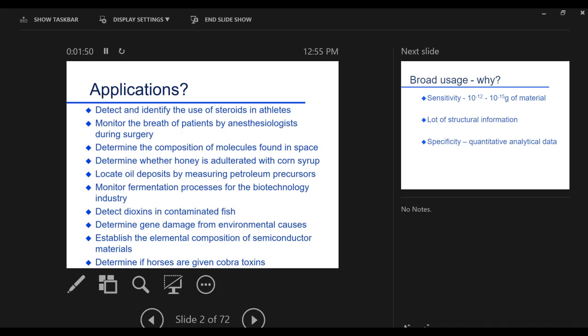Applications, it's kind of like gas chromatography. Many uses, just like LC. All three techniques, exceedingly broad number of applications.